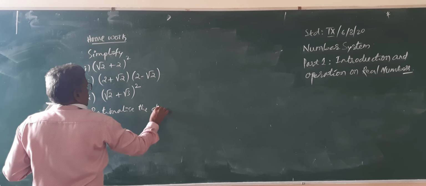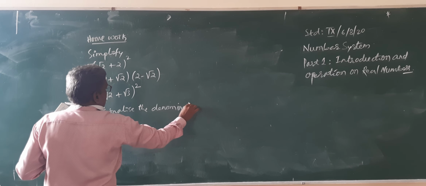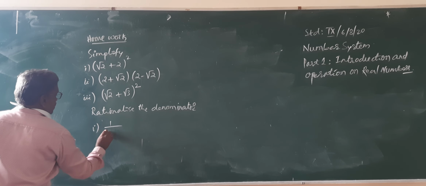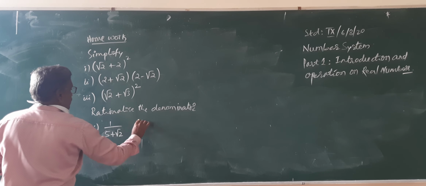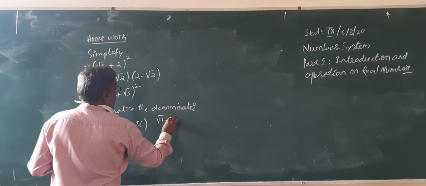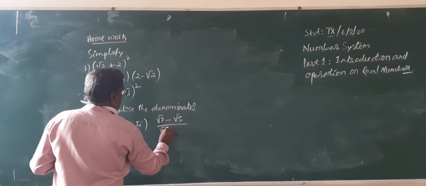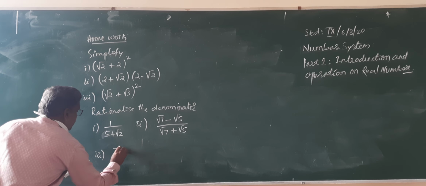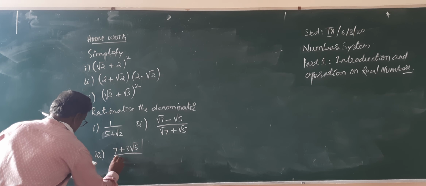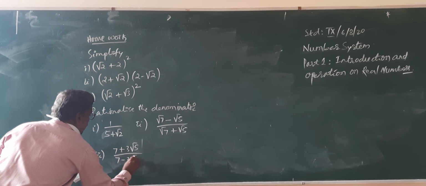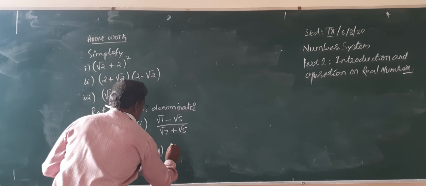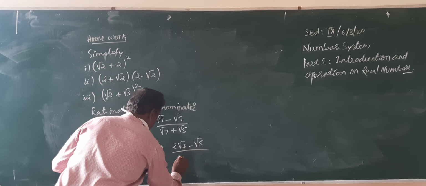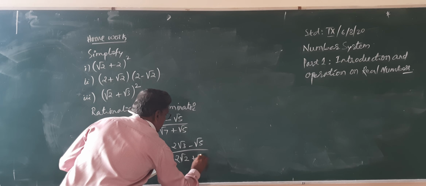Next: 5 plus root 2; root 7 minus root 5 divided by root 7 plus root 5; 7 plus 3 root 5 divided by 7 minus 3 root 5; 2 root 3 minus root 5 divided by 2 root 2 plus 3 root 3.